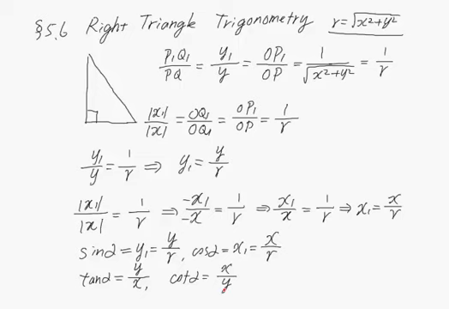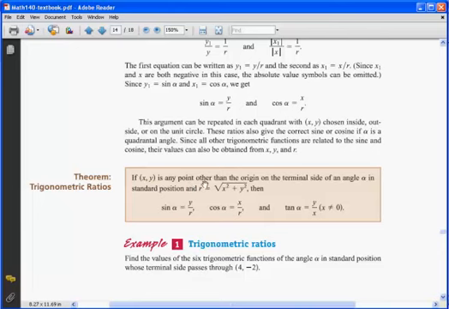If (x, y) is any point other than the origin on the terminal side of this angle alpha in standard position, and r is the square root of x squared plus y squared, then you have sine alpha equal to y over r, cosine alpha equal to x over r, and tangent alpha equal to y over x, supposing x is not equal to 0.